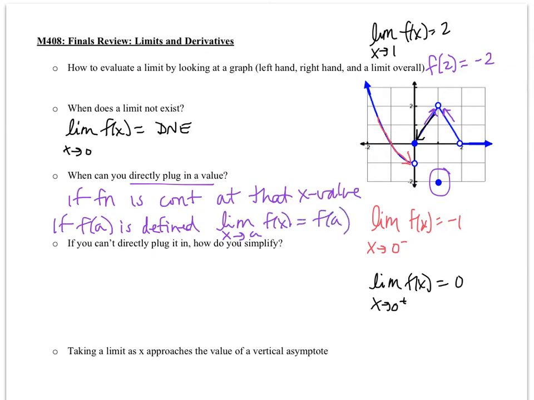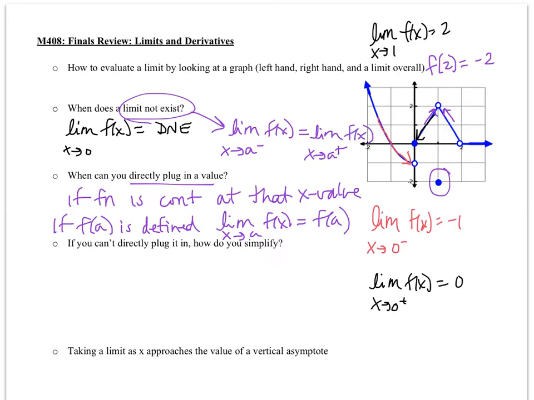Simply saying that we can just plug that x value into the function. Now, up here, my limit does not exist if the limit as x approaches a from the left is not equal to the limit as x approaches a from the right.